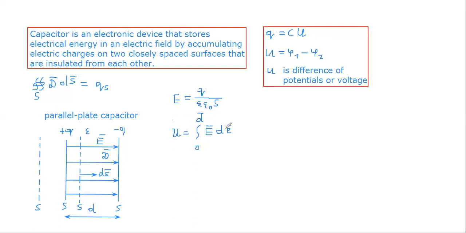Electric field is a potential field, so we can write that it is equal to the integral from 0 to d of E dl without vectors.